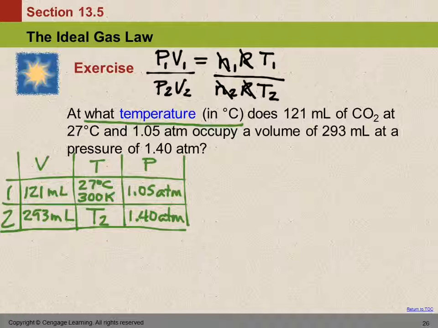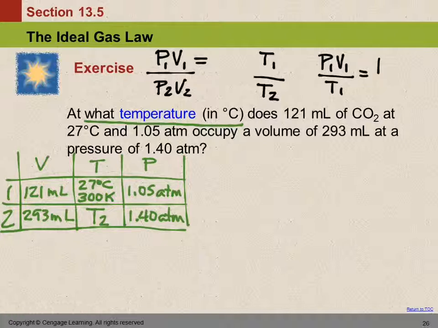So I'm just going to use my eraser to clean that up, because I can. This is one form of what's called the combined gas law. And I will give you this gas law. The way that it's usually expressed is P1 V1 over T1 equals P2 V2 over T2.